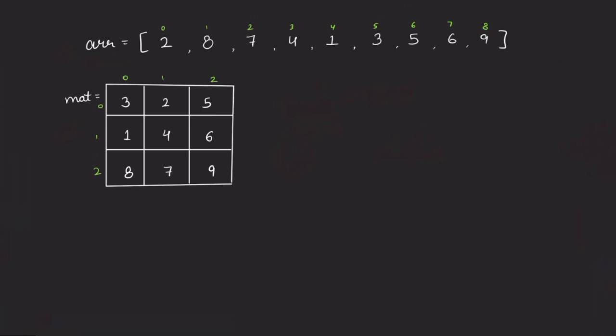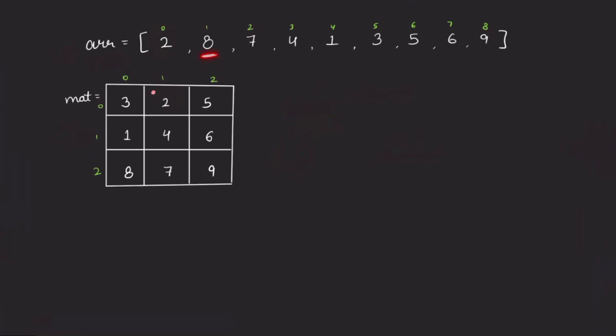Now what they are saying is that initially all of these cells in the matrix are unpainted. Then we start iterating inside the array. Here the first element is 2. At whichever cell this 2 is present in the matrix, that cell we can mark as painted. So this cell is painted now.